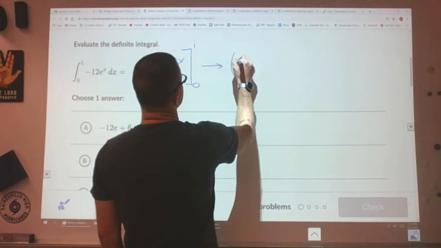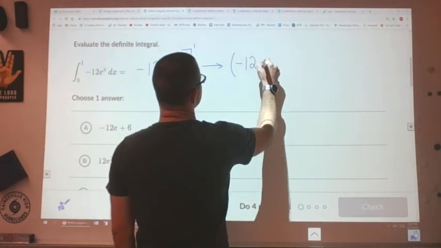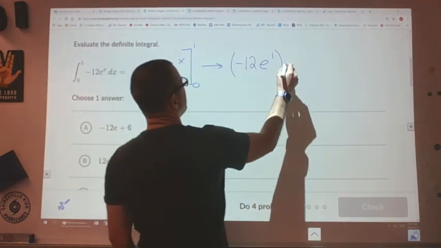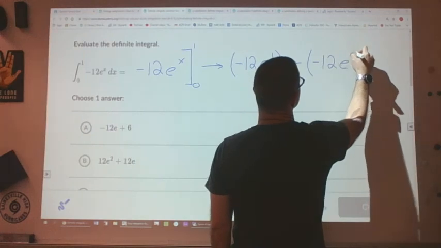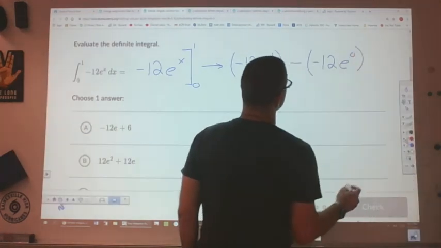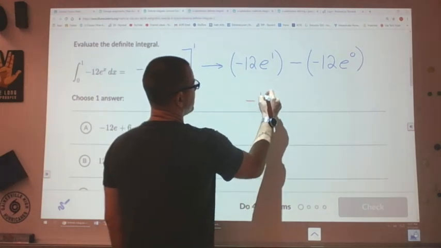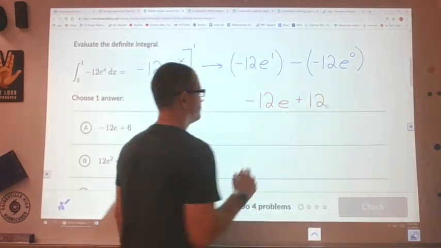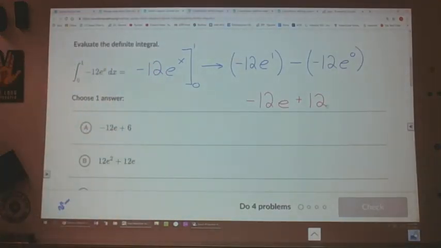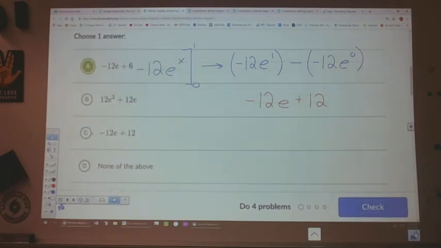So we would have negative 12 e to the first minus negative 12 e to the 0, which would end up being just negative 12e plus 12. So we would look for that one. Negative 12e plus 12. I'm going to have to scroll down. And there it is. It's c, negative 12e plus 12.